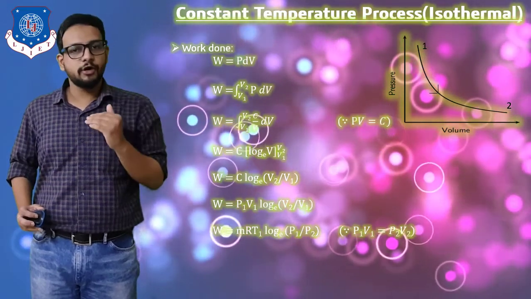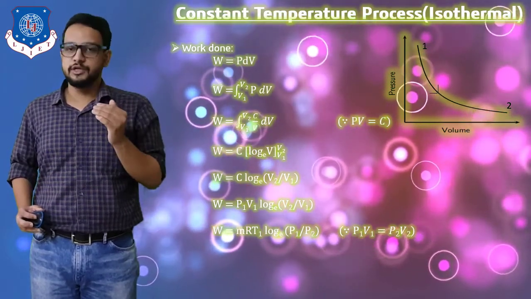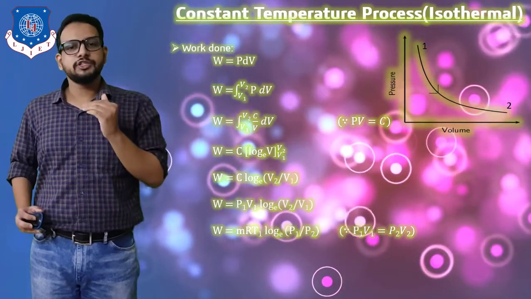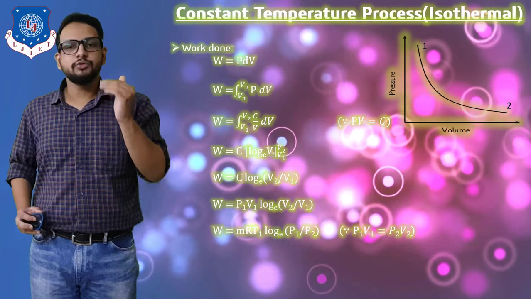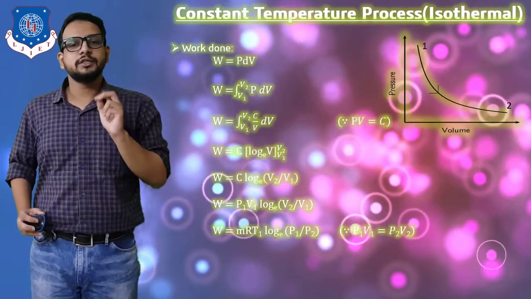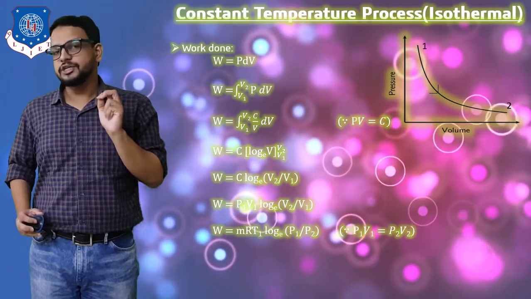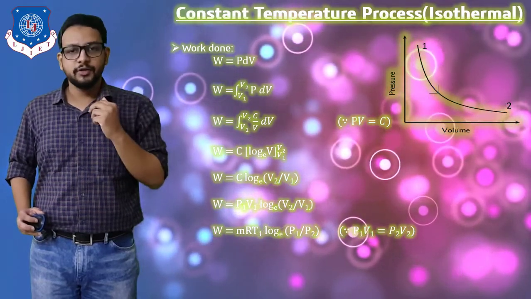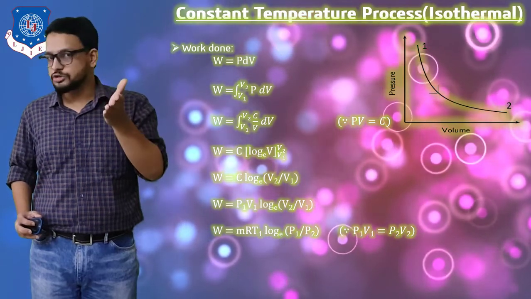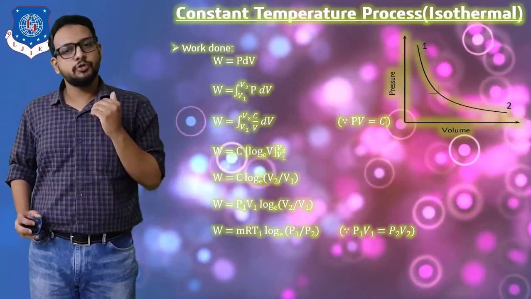We know the general formula of work output: work done is equal to pressure into change in volume. Now the equation will be the integration from state 1 to state 2 of P dV. If you notice carefully, in this equation both pressure and volume are variable. Our target is to maintain constant temperature, so pressure is going to change and volume is also going to change.